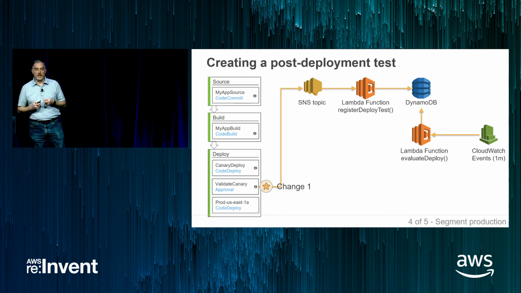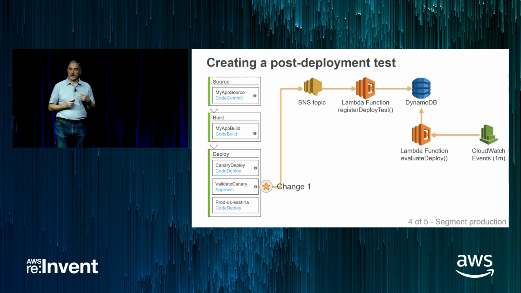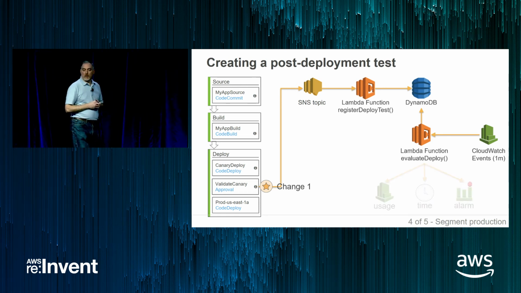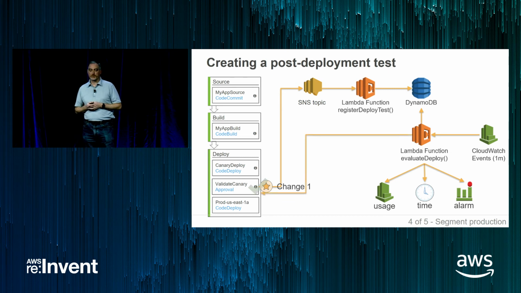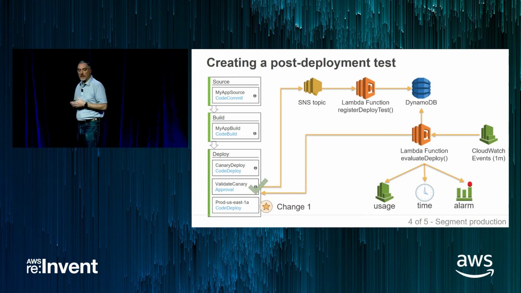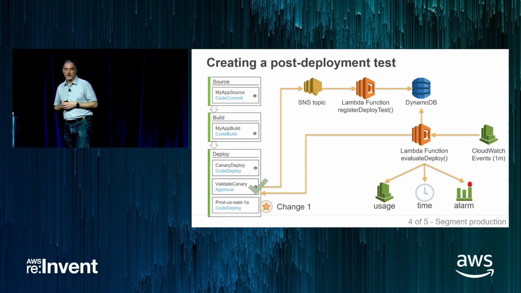We use CloudWatch Events to schedule the calling of that Lambda function each minute. If we have enough data from CloudWatch, then we can call back into CodePipeline and approve the action. That then allows our change to move on to the next deployment.